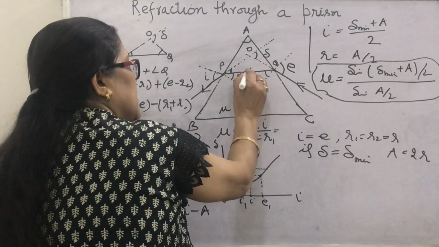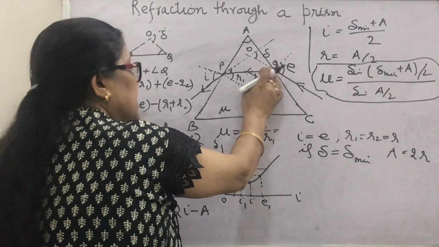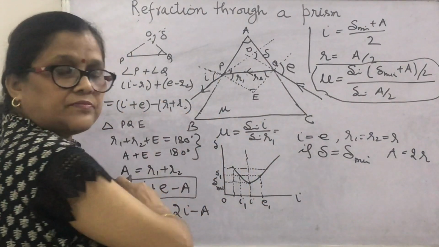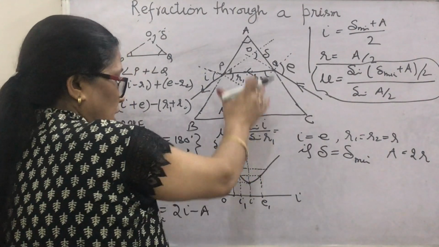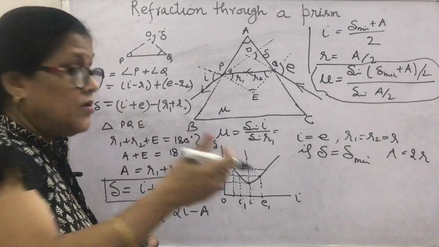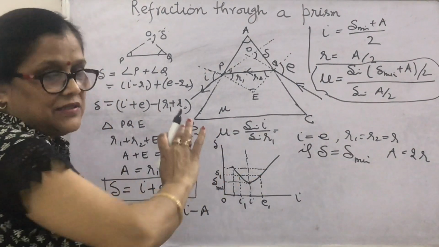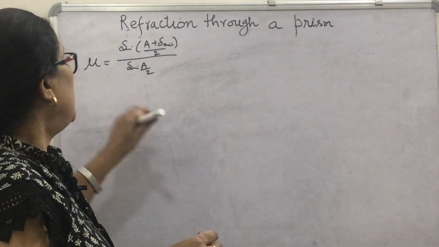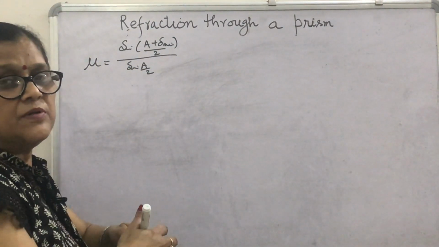Then you can also say that the refracted ray is parallel to the base. So, in this way, this I-delta curve is plotted, and I discussed the main important points of the I-delta curve. Now, we will see how to find the angle of deviation for a thin prism.